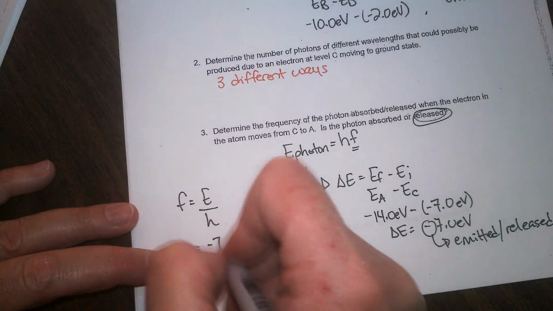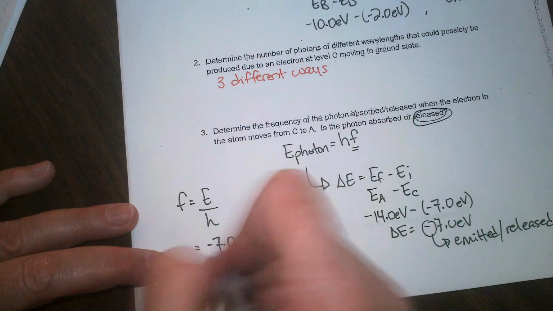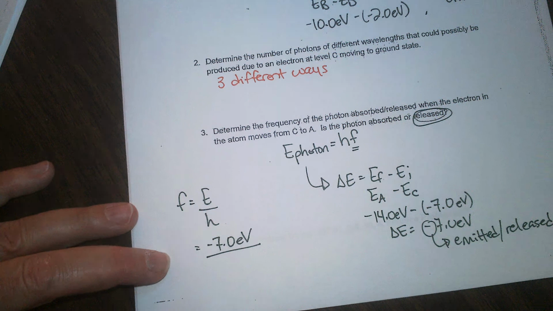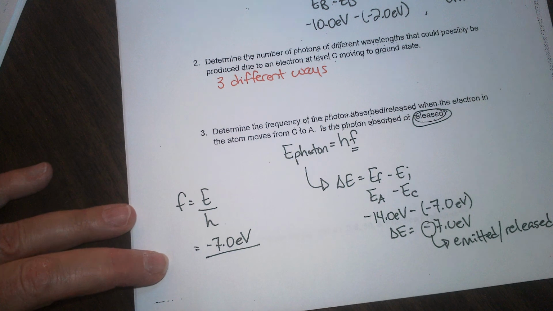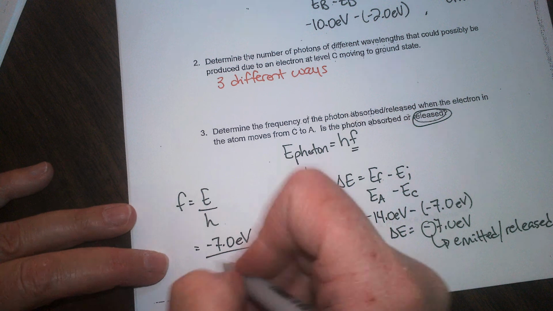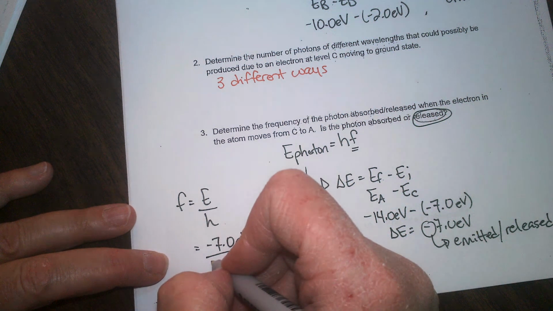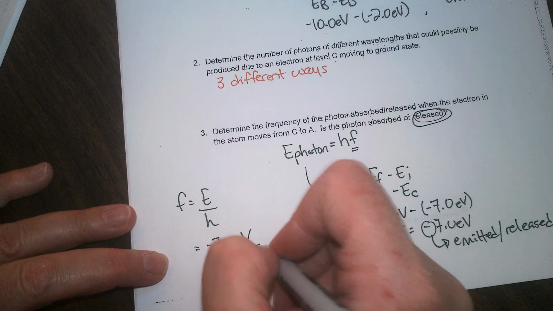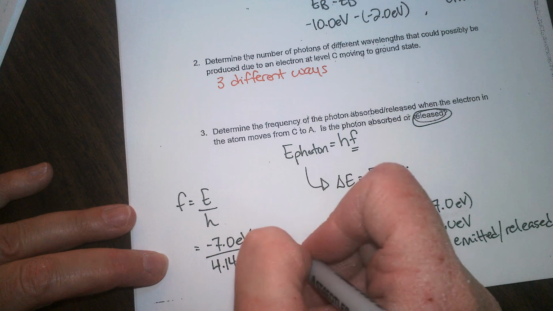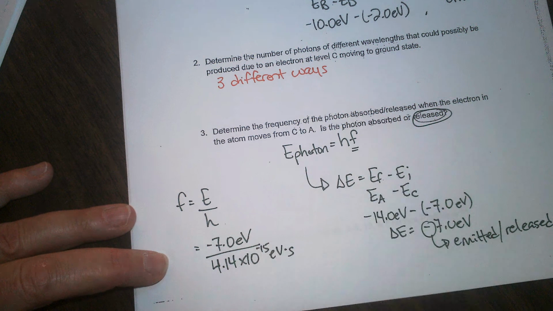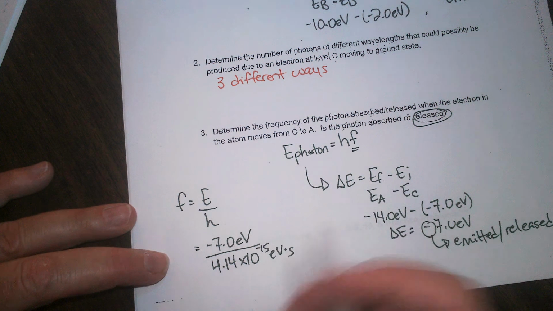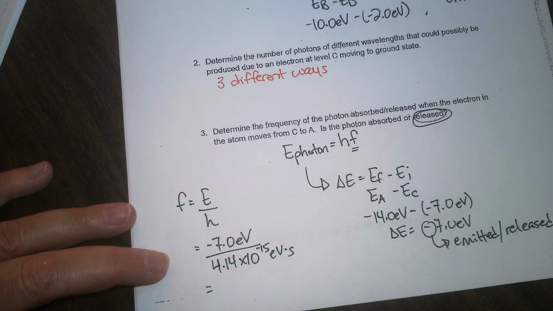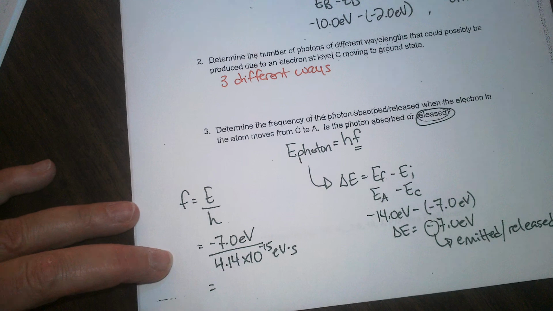Because our energy is negative 7.0 electron volts, we want Planck's constant that's also in electron volts. And so we get what for a value?